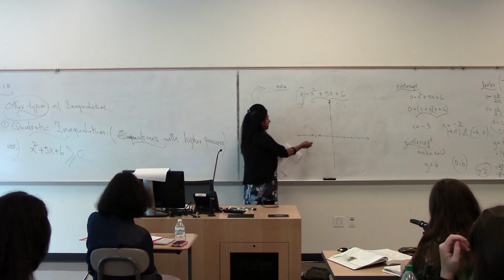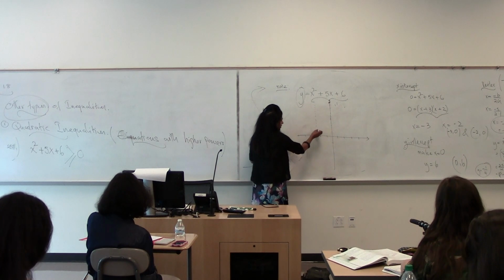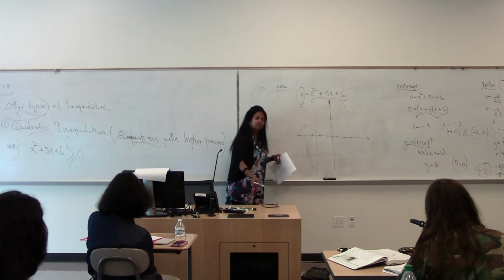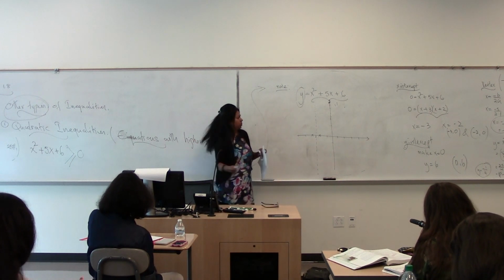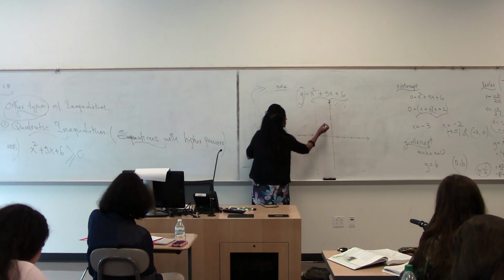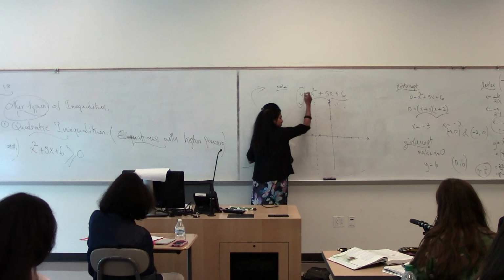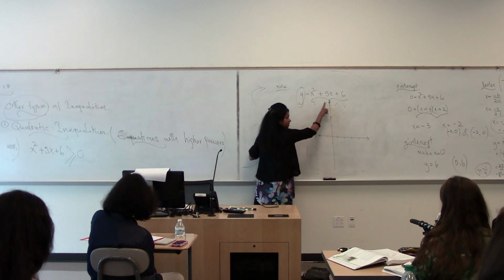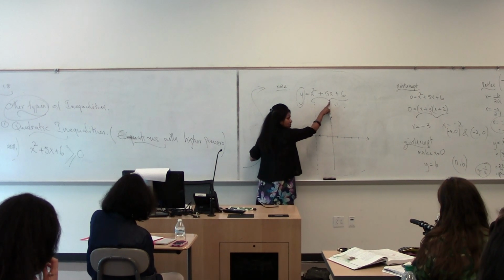Through the vertex, what do we have? The axis of symmetry. You guys are familiar with this. The axis of symmetry is the line where the graph is symmetric. So we can pick the other point; this one is 6. How many units away is the other point supposed to be? Through the axis of symmetry, this is a mirror image, right?